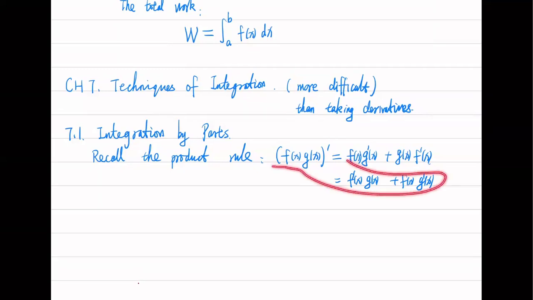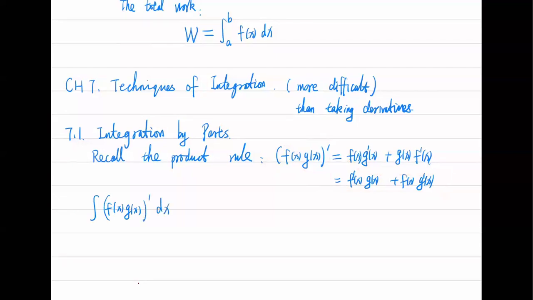So for this formula, I'm going to take the indefinite integral on both sides. The indefinite integral of this derivative. Okay, Zichen, what's the indefinite integral of a derivative?